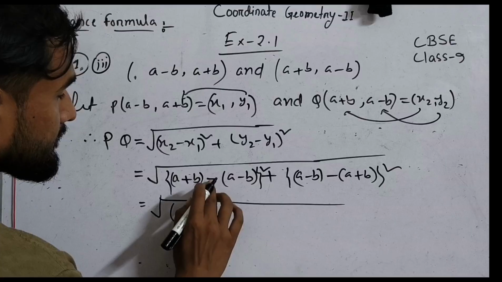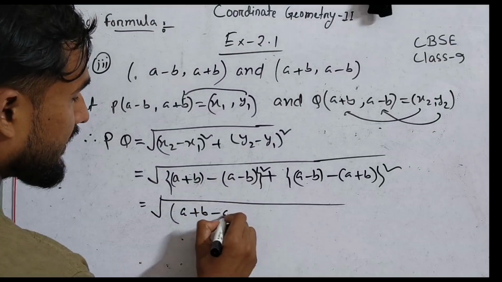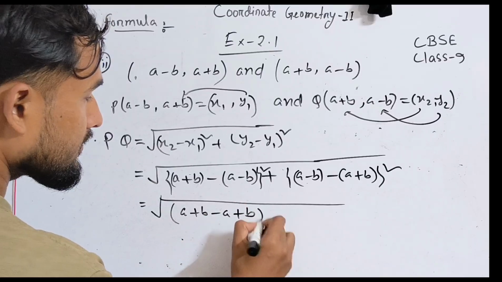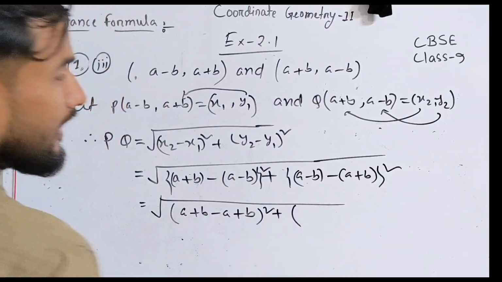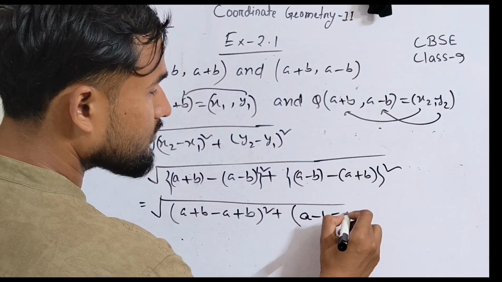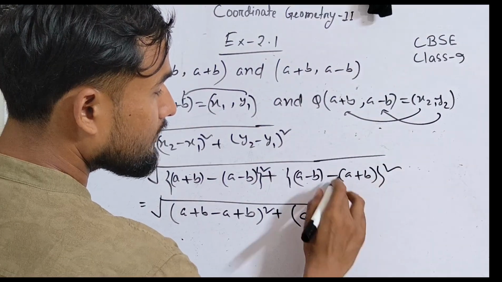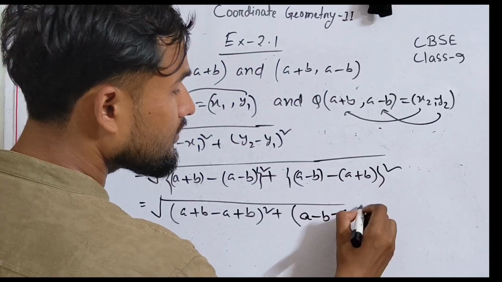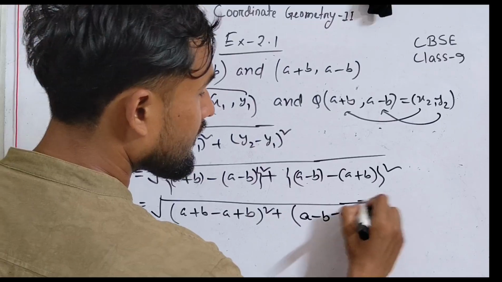A plus b, minus into plus will be minus, minus into minus will be plus, whole square. Again a minus b is here, minus into minus will be plus, minus into plus will be minus. Let's put the square.